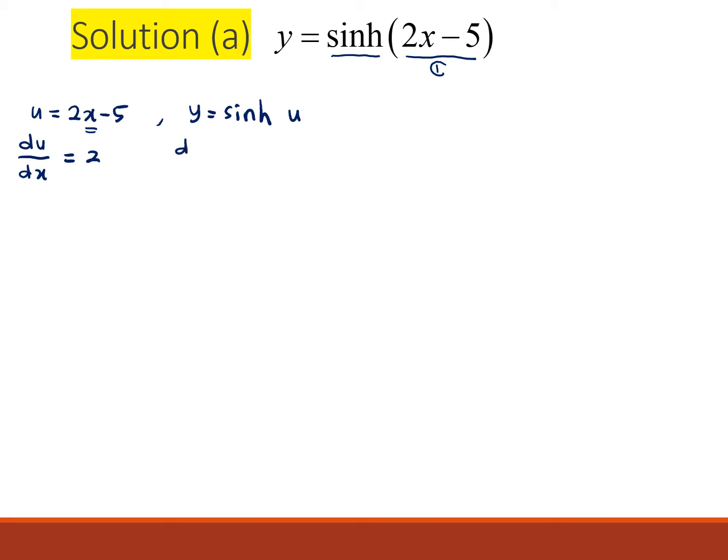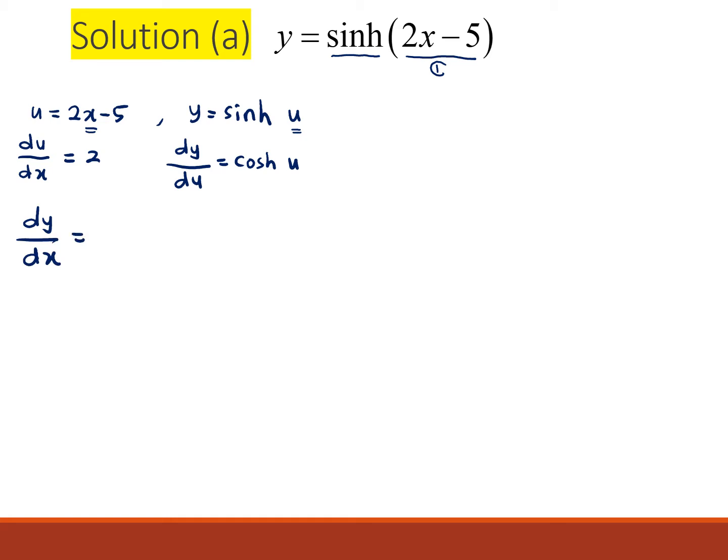So dy over du, why is it over du? Because y is in terms of u. The derivative of sine hyperbolic of u is cos hyperbolic u. So the next step is to find dy over dx.